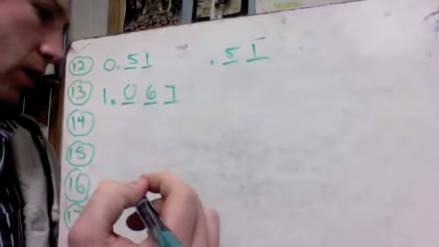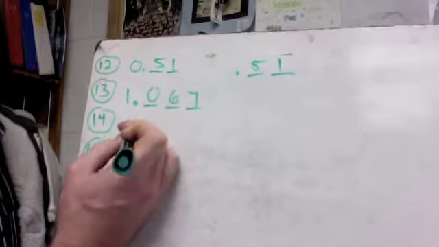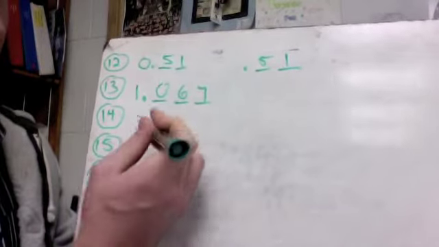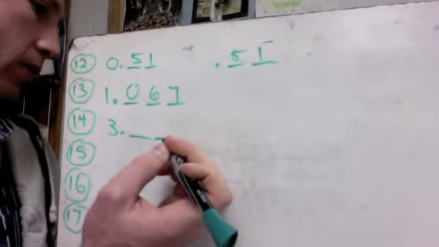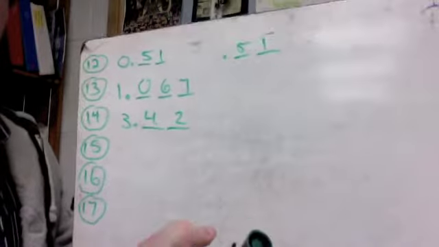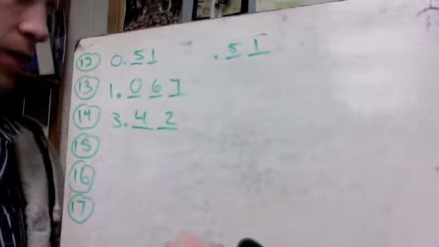14. 3 and 42 hundredths. So I've got 3 and again I need the hundredths place, tenths, hundredths. And 42 is a two-digit number, so it can just fit perfectly in there. 3 and 42 hundredths. 15, 8 hundredths.